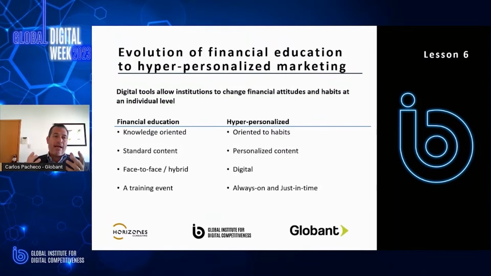It used to have standard content, the same content from person to person, community to community. It used to be face to face, and it was one person that went to a community, gathered as many people as they could, and presented or educated them in this content. It was a training event, a one-time event.